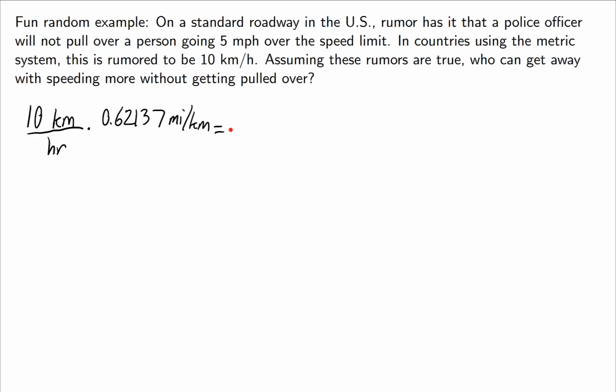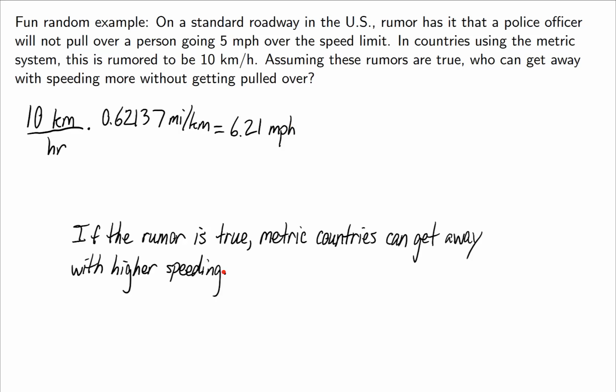If I multiply that out, this is going to become miles per hour, and I get about 6.21 miles per hour. So if you can go 10 kilometers per hour over the speed limit, rumor has it, in metric countries, that's like going 6.2 miles per hour above the speed limit in a US country. So if the rumor is true, metric countries can get away with higher speeding.